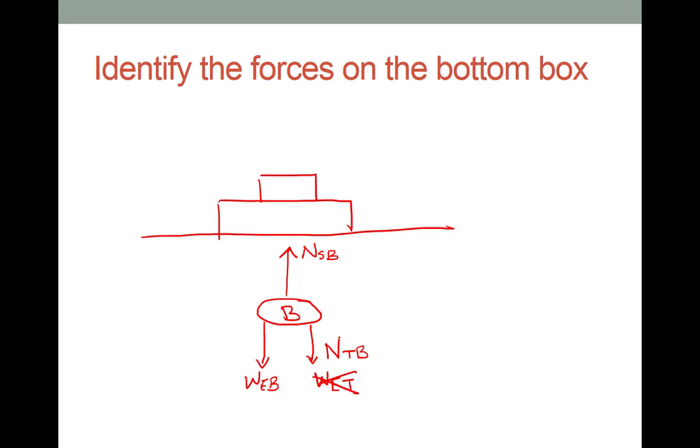If, as we will see, I believe, in the next part of this unit, this whole thing is not accelerating, so it's in equilibrium, then that normal force between the top block and the bottom block will be equal to the weight of the Earth on the top block. And it will do exactly what you want it to. But if it is accelerating, that's not the case. And again, we will look at that more in the next part, I believe.